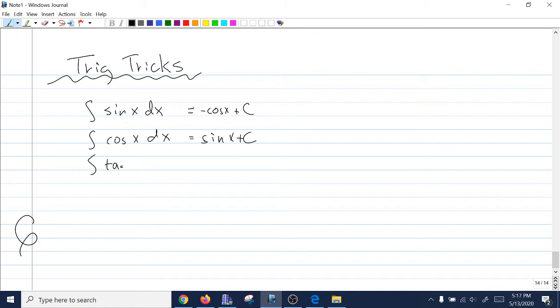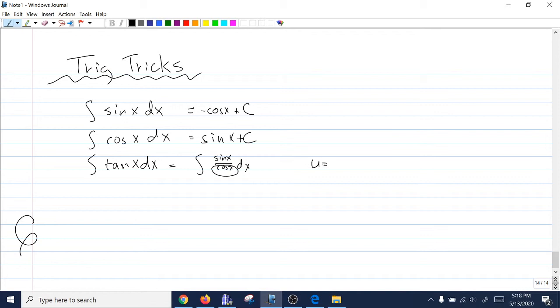Tangent. How do I do tangent? If I rewrite it as sine over cosine, I immediately see, hey, this is a good place for a substitution, because cosine is on the bottom, it's kind of stuck inside, and the derivative of cosine is negative sine, and sine is basically outside on top with the dx.